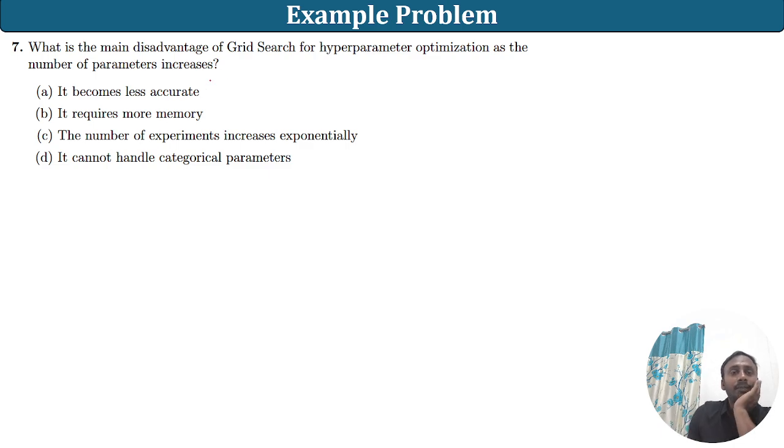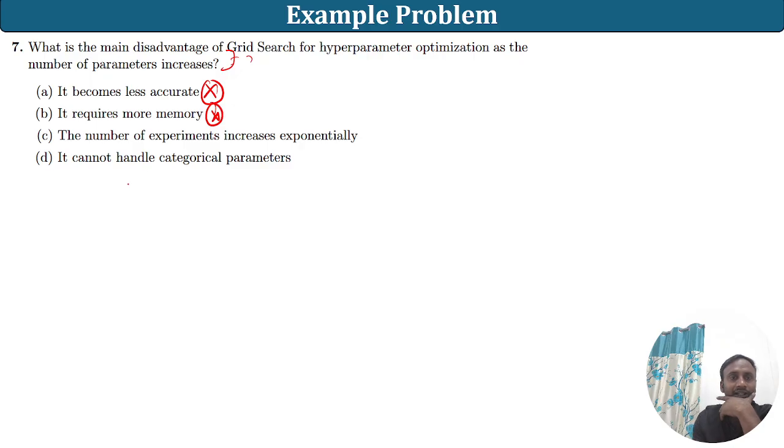What is the main disadvantage of grid search for hyperparameter optimization as the number of parameters increases? It's not that it becomes less accurate; sometimes it gives a good result. It requires more memory? Sometimes we don't have that constraint, we have a supercomputer.